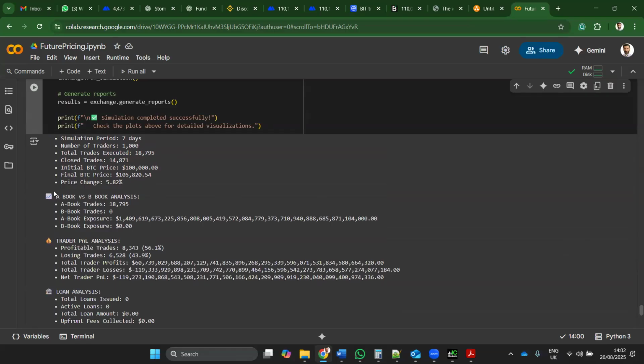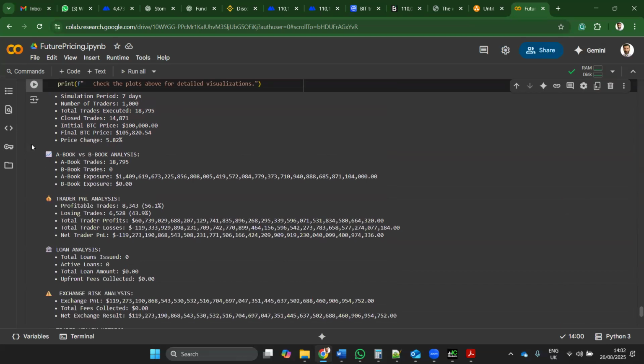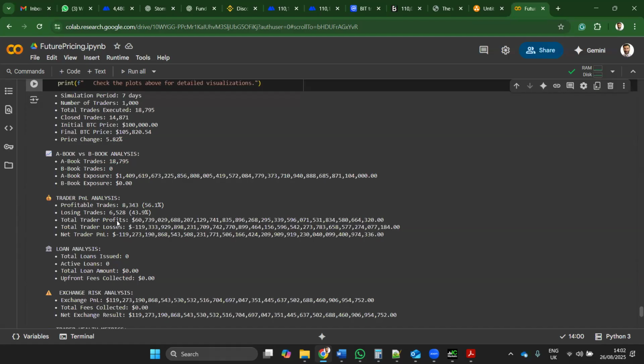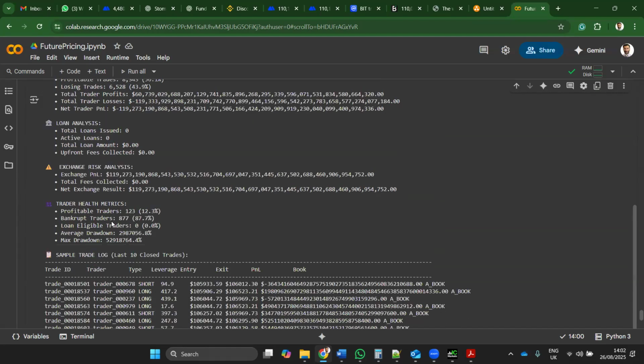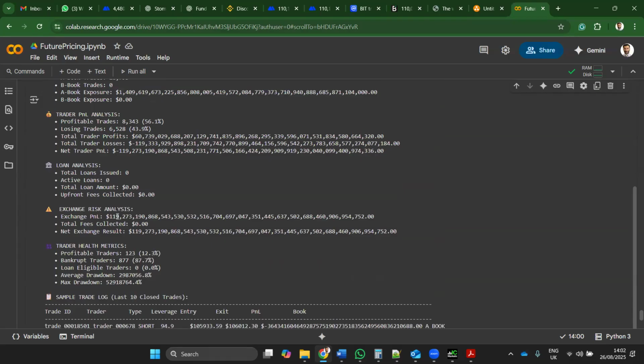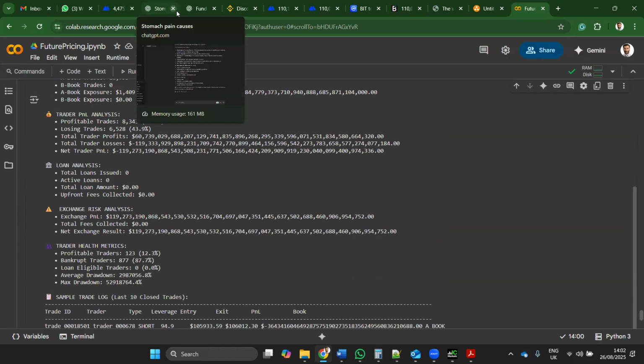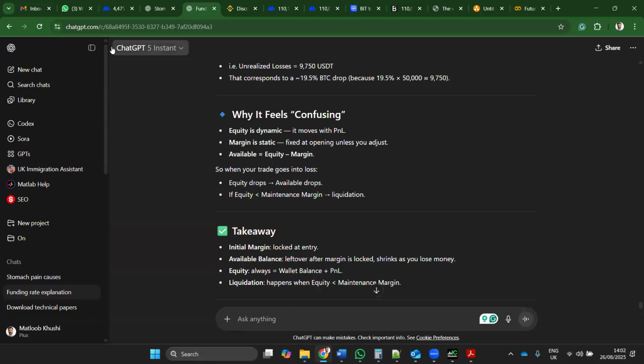Initial BTC, final price, and then this is the B book. How many trades got into the B book, how many people made profit, how many people made loss. So randomly, we will simulate trading behavior, and we can actually. I haven't tried it.